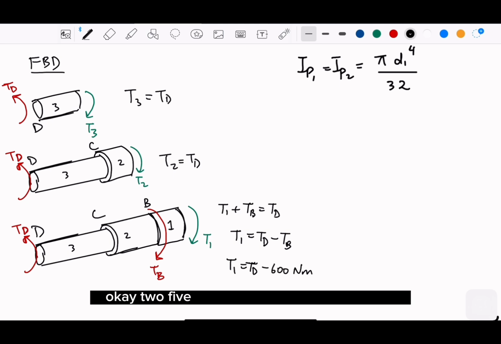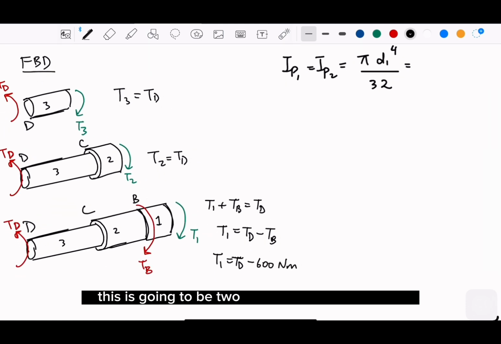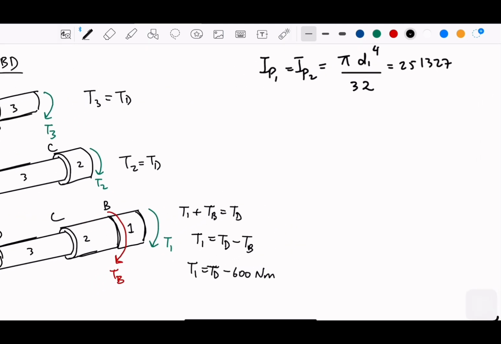Okay, 251,327, but let me just write first. This is going to be 251,327.4 millimeter to the fourth power for the polar inertia.